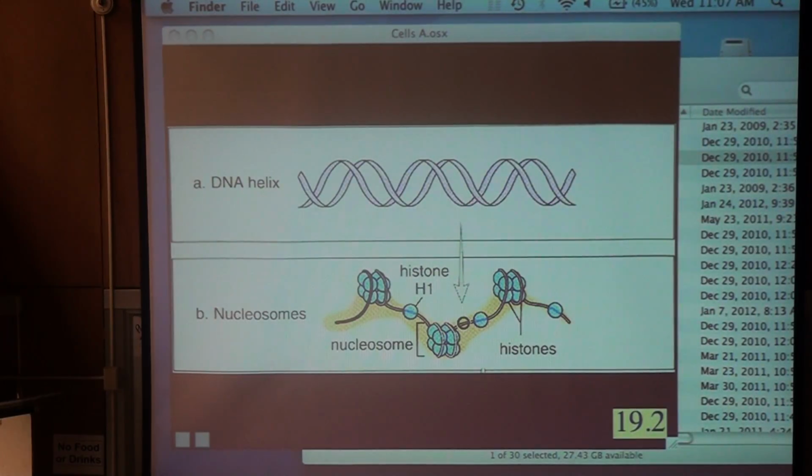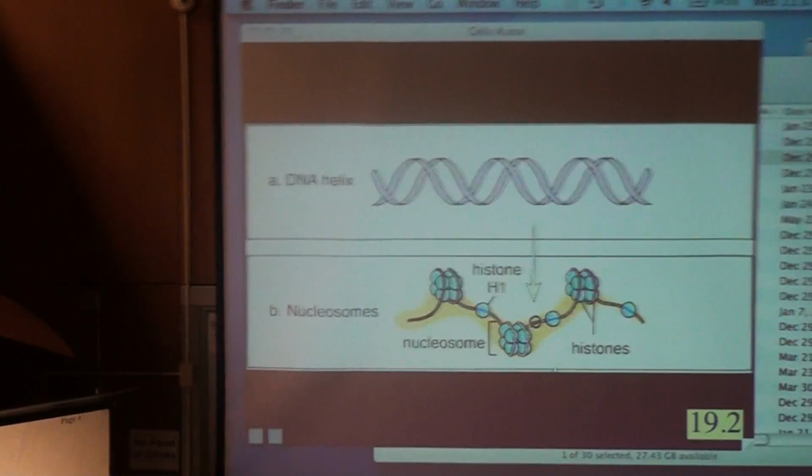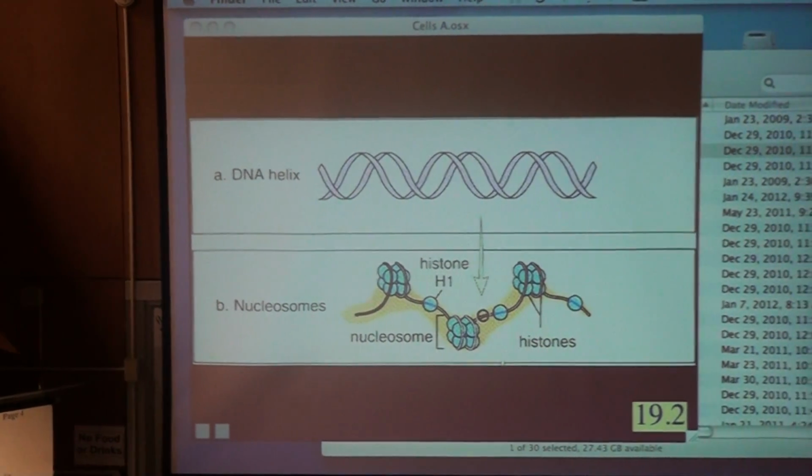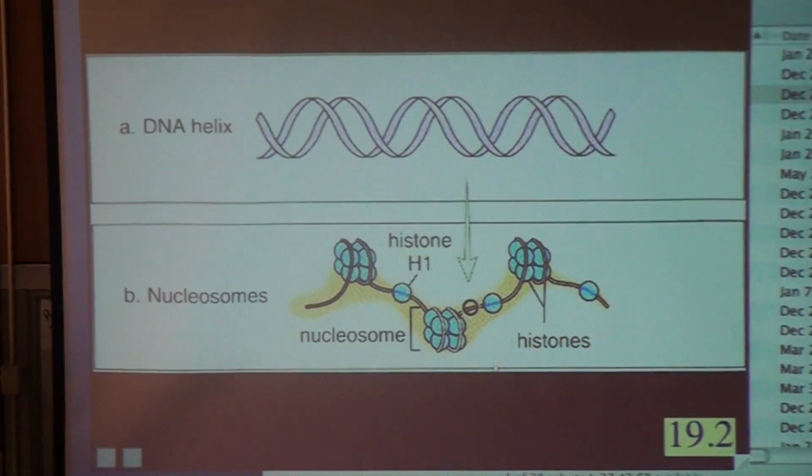The reason they are necessary is that the DNA of a chromosome is so long, it just wouldn't fit inside the cell if it were allowed to stay long and stretched out. So the cell has to compact that DNA somehow, and that's what the histone proteins are for.